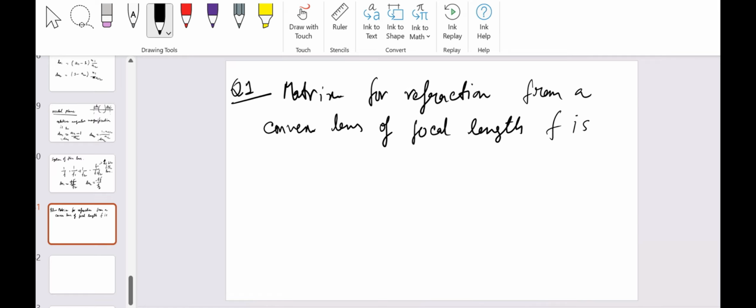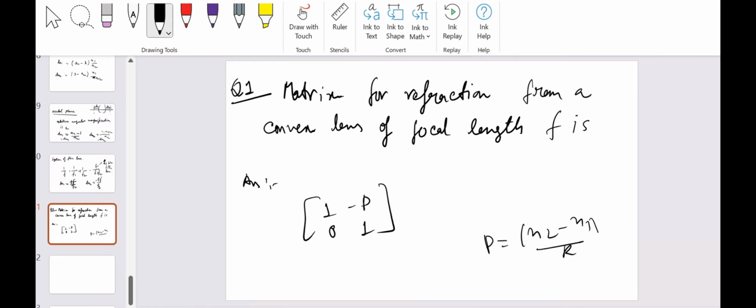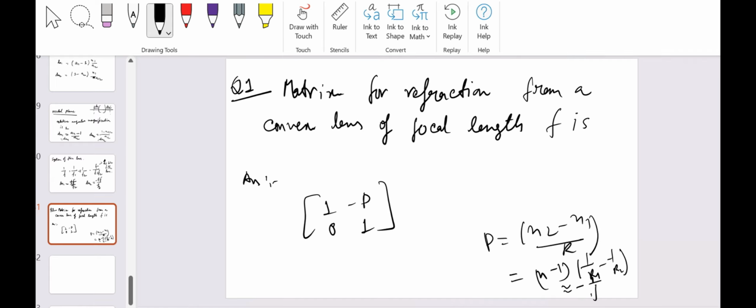For refraction we know that it is 1 minus p 0 1, and p is basically n2 minus n1 by r. So it becomes n minus 1 by r, 1 minus 1 by r2, like this, and this is basically equal to minus 1 by f. So this is plus 1 by f, so this is minus 1 by f 1.